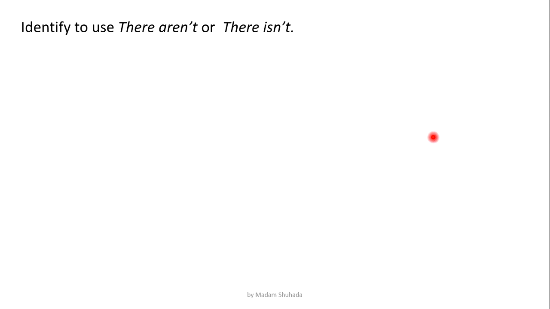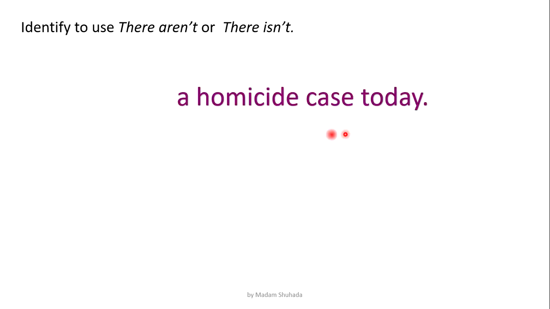So here I want you to identify whether to use there aren't or there isn't. A homicide case today. So what do you think? There aren't or there isn't? Look at the agreement. You have to make sure you identify whether the agreement is singular or plural.